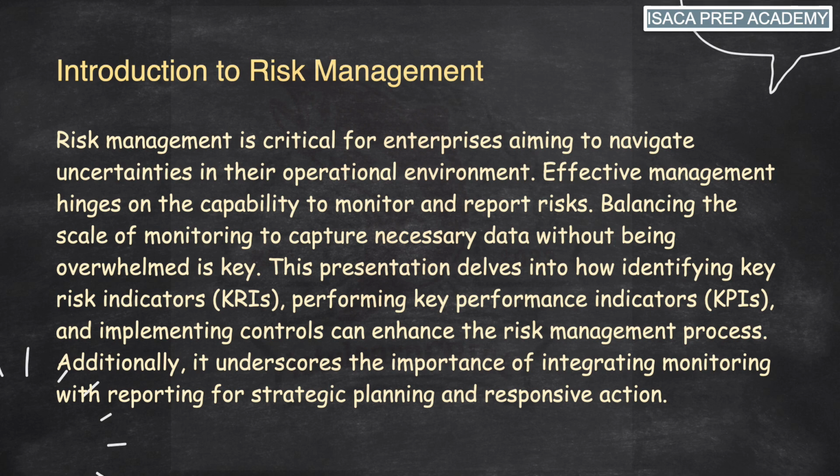Tools like key risk indicators and key performance indicators help them measure and track risks and performance. Companies also need to put measures in place to manage risks, like installing safety features. So it's important to combine monitoring and reporting to make smart decisions for the future. And finally, businesses need to take actions based on the information they gather to stay on track.